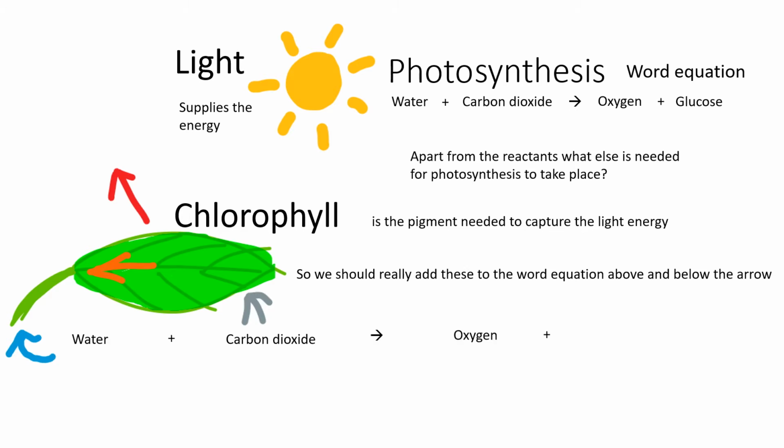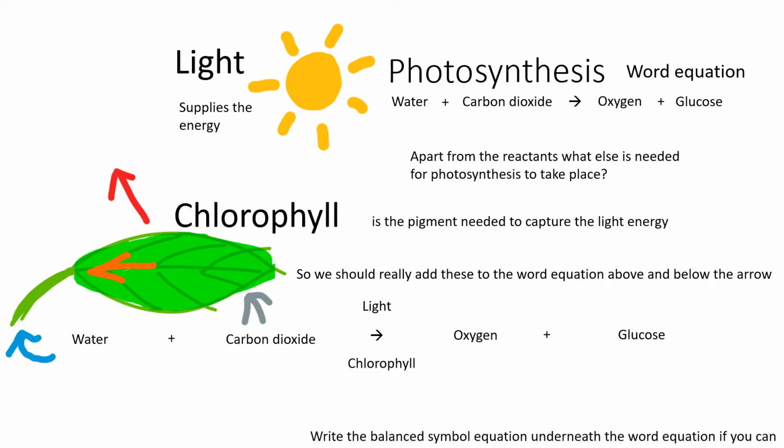So then we should add these to the word equation, light above the arrow and chlorophyll below the arrow. If you can, write the balanced symbol equation underneath the word equation. Okay, we'll go through these later.